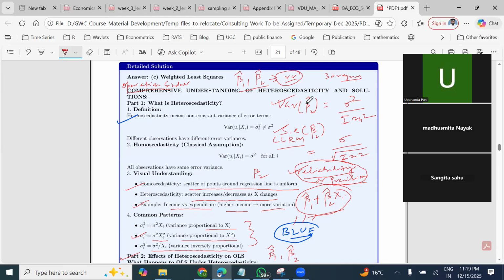Similarly, when you are estimating beta 1 hat and beta 2 hat, that reliability has to be there. Now the question is how you will measure the reliability. The measurement of reliability is based on the standard error, or variance. If you take the square root of the variance, you get the standard error. Is it clear?